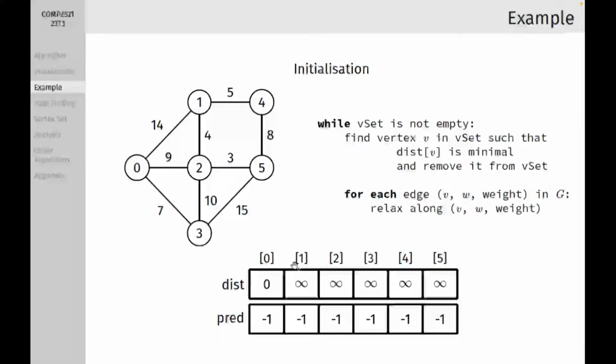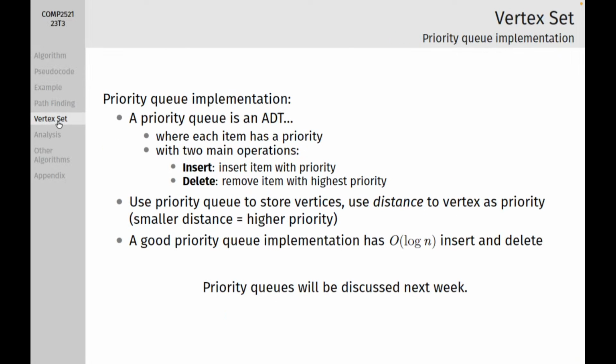And for the other vertices, we would give them a priority of infinity. And at the start of each iteration, we just use the delete operation to remove the vertex with the highest priority. And that's it.